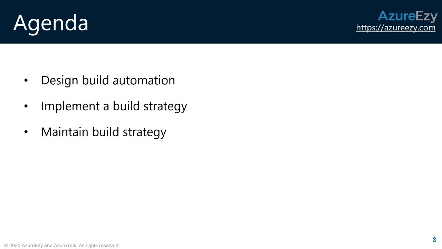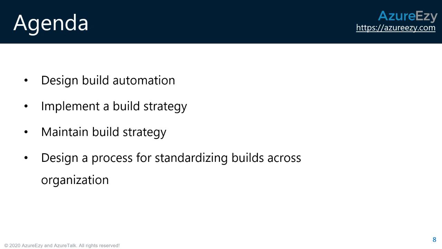Then we'll be talking about maintaining that build strategy. Implementing a build strategy is one thing, and then you need to make sure that those things are working properly, they are maintained properly, and people are updating them as and when things change. And in the last part, we will talk about how you design a process to standardize those implementation and maintenance aspects across the organization.